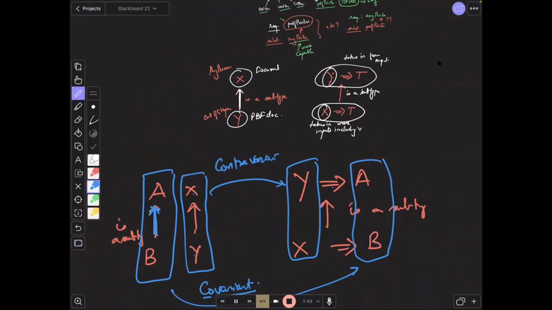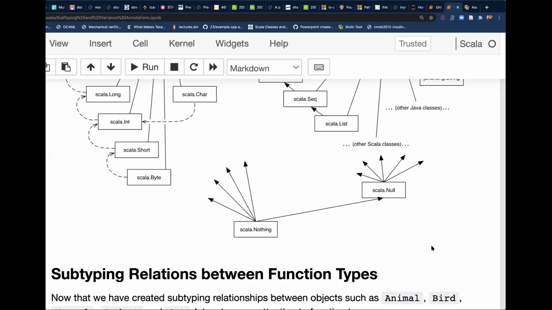The other thing that Scala does, which is very sneaky, is let me actually show you. To your point, Kai, which is an excellent point, there's something else that Scala does, which is why you have this type called nothing.